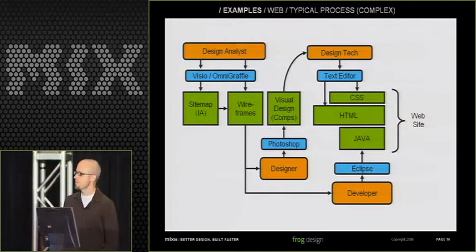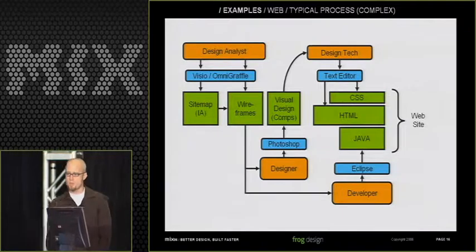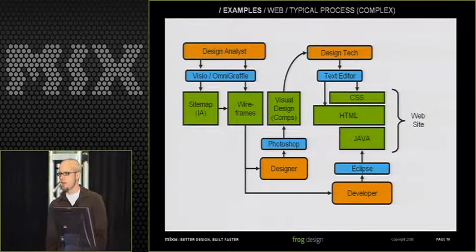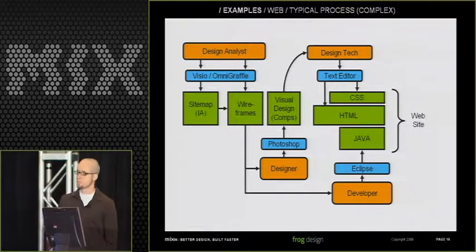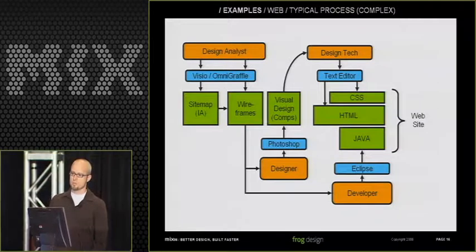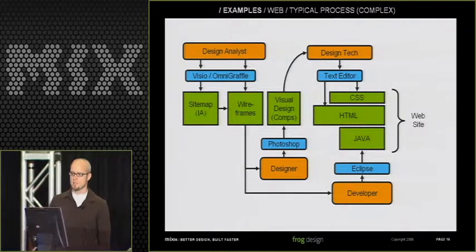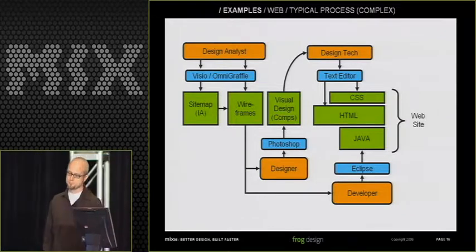You'll have somebody who's your information architect, that we call a design analyst at Frog. They are largely responsible for putting the information architecture together and putting out the wireframes. Those documents will feed into the designer, who is going to take those wireframes and start applying visual design to the comps. Those same wireframes will end up with the developer, who uses Eclipse or a Java IDE to start the back-end development process.